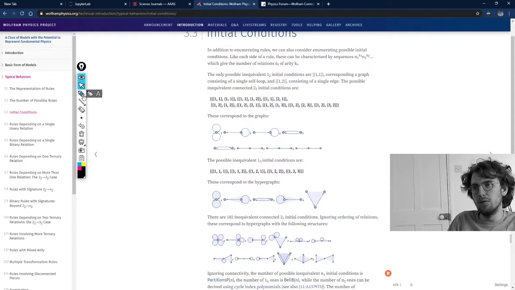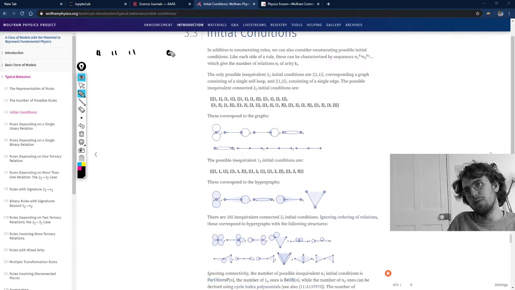So if we have 3 rules, let's try them. 1, 1, 1, 1, 1, 1 is a triple loop. 1, 1, 1, 1, 2 is a way to draw a triple loop. This is a double loop that then goes somewhere.